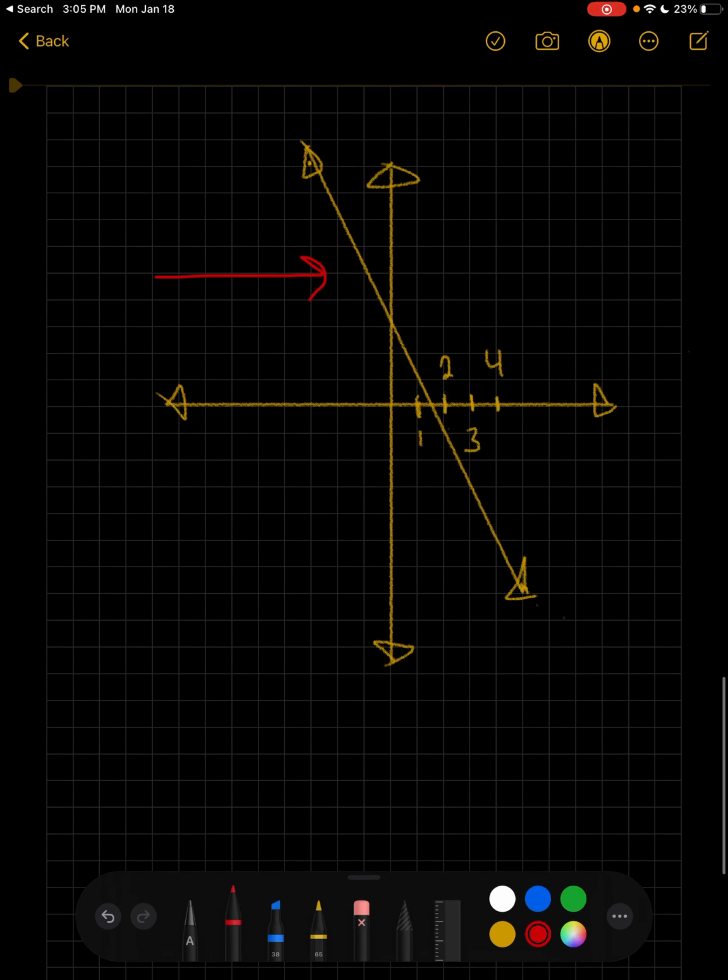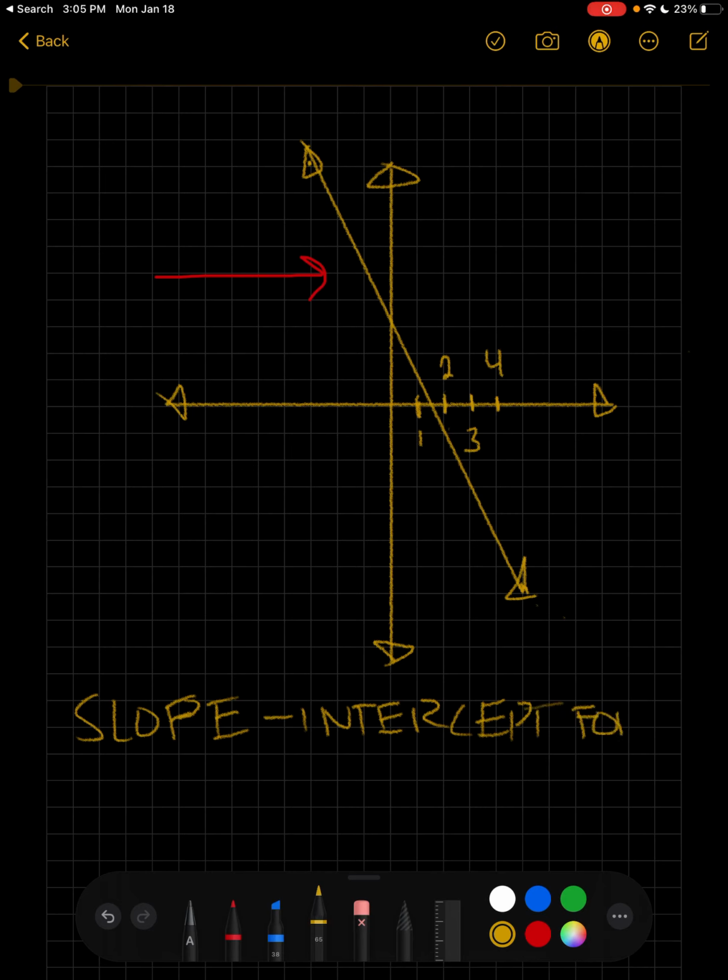So remember that the slope-intercept form of a line looks like this. When you have the equation, you have the slope-intercept form, and that's f of x is equal to mx plus b.